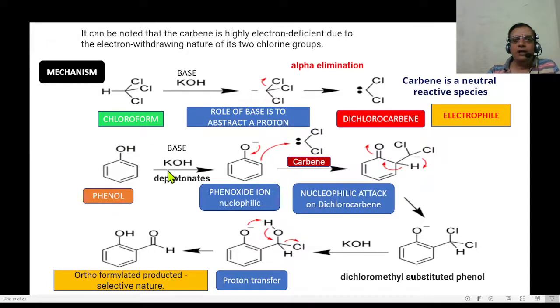So phenol, again with the help of the same base which has been added here, this particular base deprotonates the phenol to form a phenoxide ion. This phenoxide ion, a negatively charged ion, undergoes delocalization, and a resonance-stabilized phenoxide ion is formed.